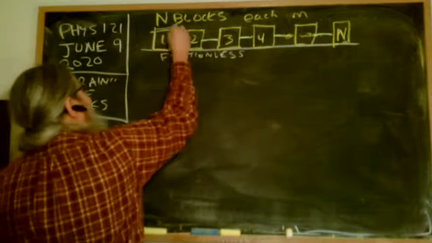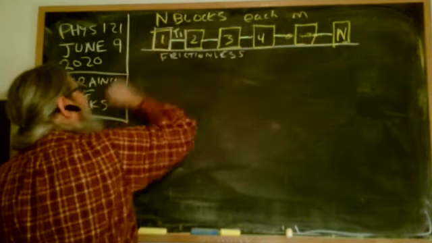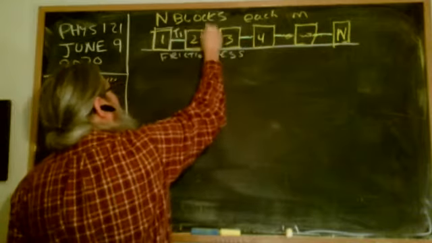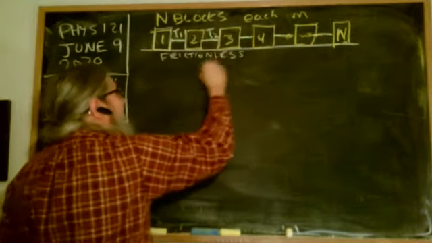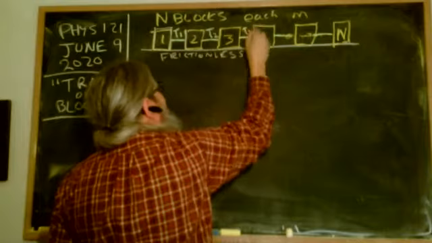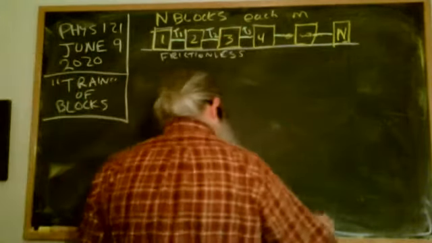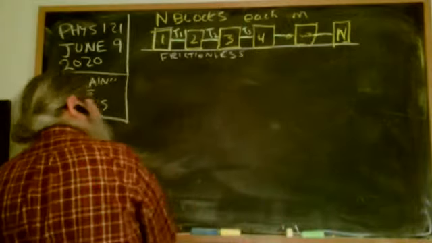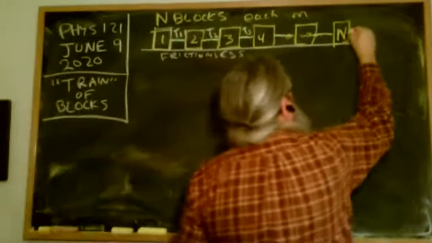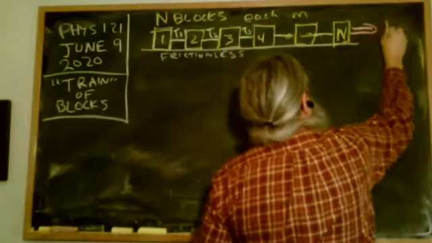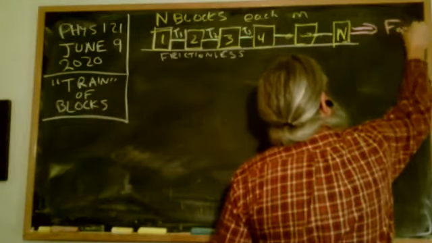So I'm going to call the tension on this particular piece of string T1, on this one T2, and this will be T3, and so on and so forth. And then finally, I'm going to apply an external force to this whole system, which I'll call F sub f.